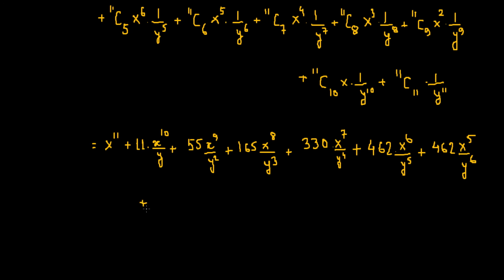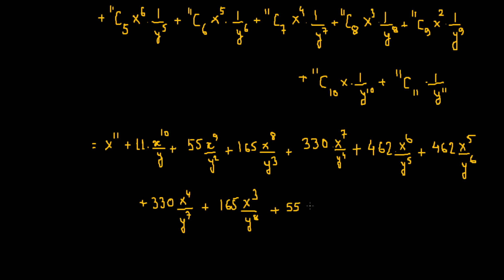So 11c7 is 330 x raised to the power of 4 over y raised to the power of 7. Then this was 11c7, so 11c8 would be 165 x raised to the power of 3 divided by y raised to the power of 8 plus 11c9.